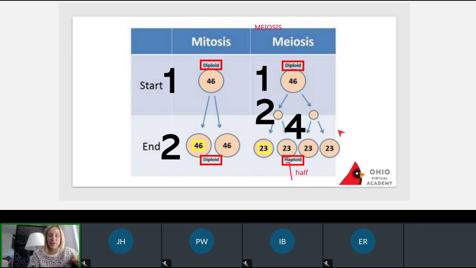Each one of those chromosomes, we have one chromosome from mom, one chromosome from dad, and we have 23 pairs, giving us our full set of 46 chromosomes. Trisomy 21 is Down syndrome. Has anyone heard of Down syndrome?